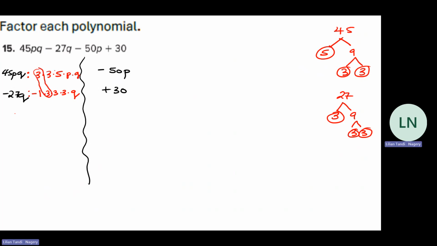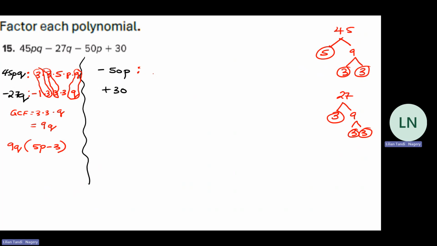There is 3 here, there is 3 here, and there is Q. So greatest common factor is 3 times 3 times Q, which is 9Q. So 9Q is outside, inside 5P minus 3.